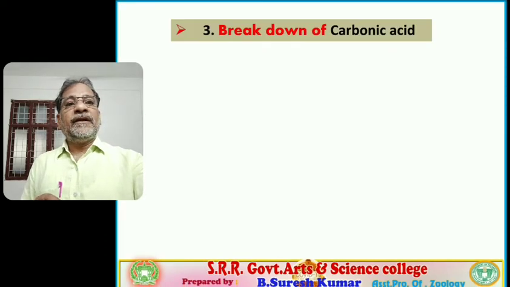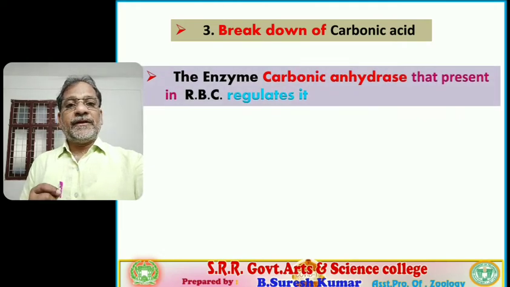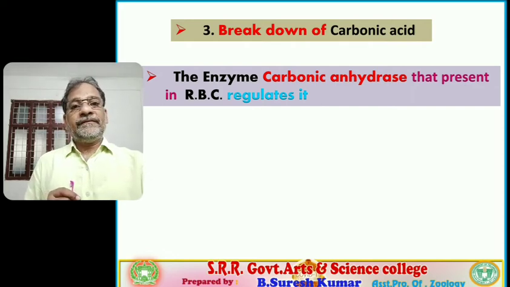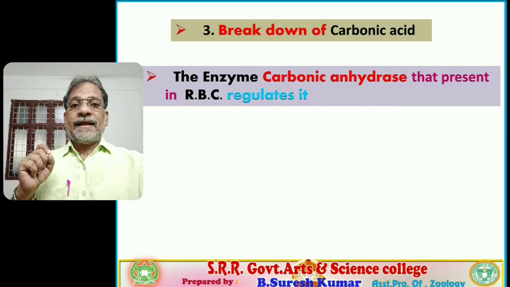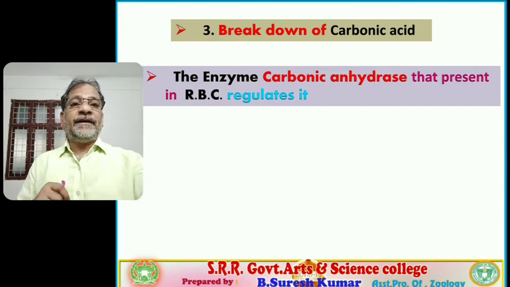The third event is breakdown of carbonic acid. Remember, students, by the influence of carbonic anhydrase enzyme, breakdown takes place in plasma also, but that yields H2O and CO2. But here we find a little difference. You have to focus on the breakdown of carbonic acid.